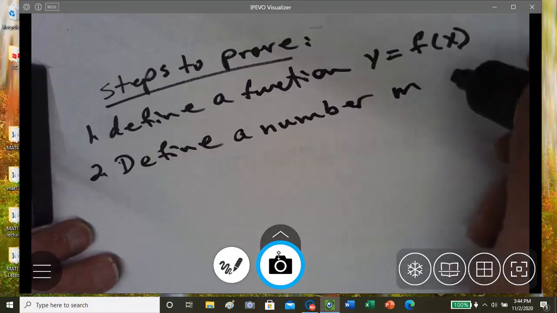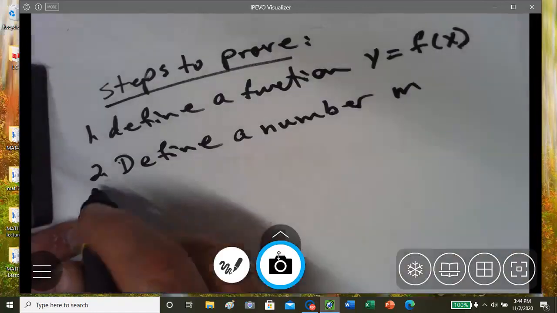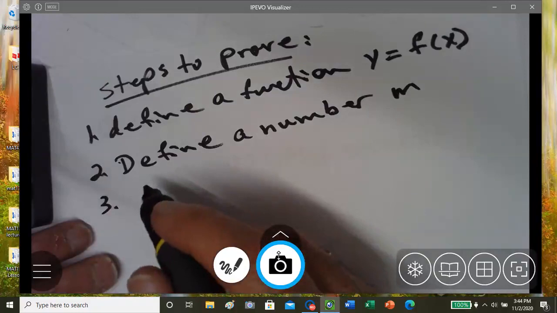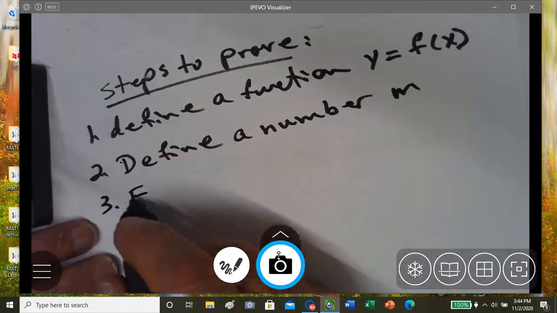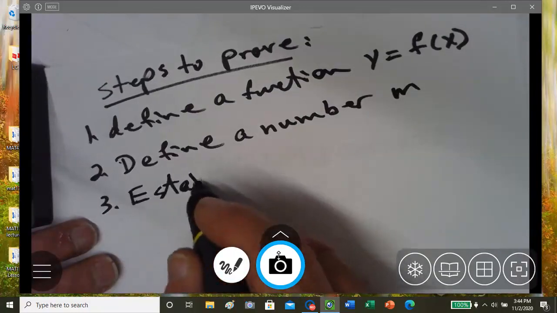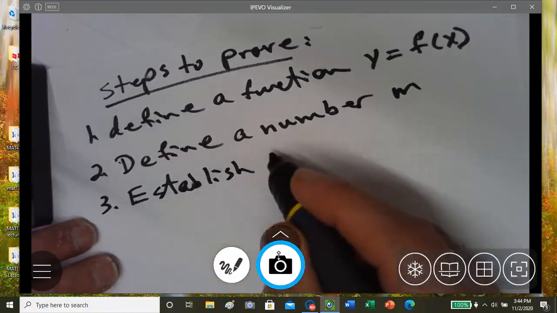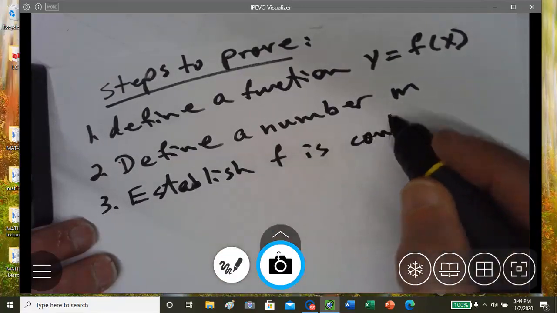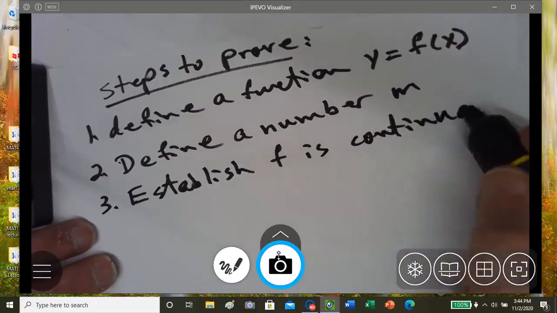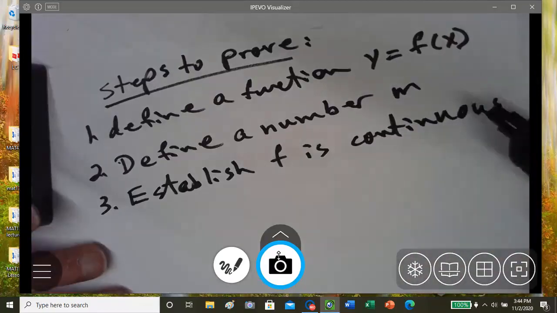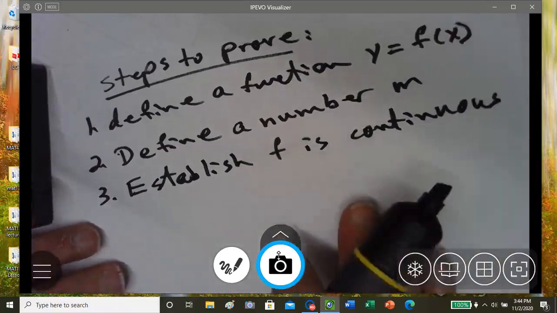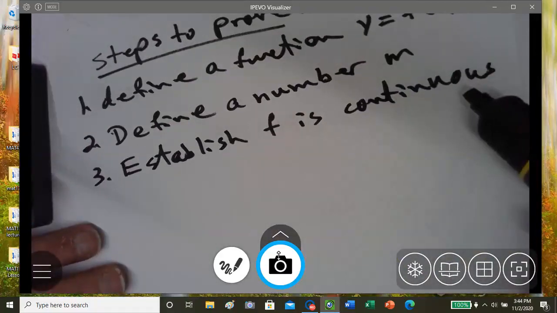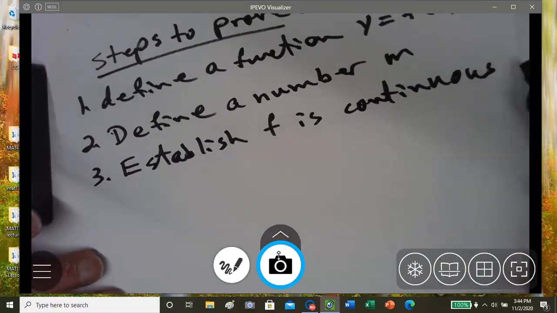And then step 3, establish that our function f is continuous. Without it being continuous, we can't prove that it's solvable. It has to be continuous.